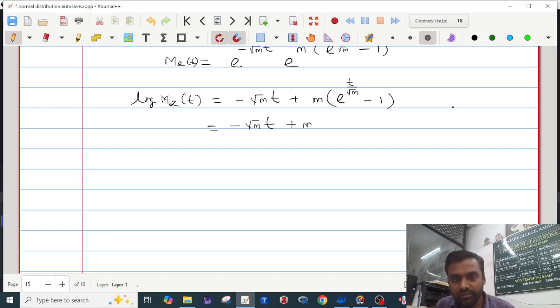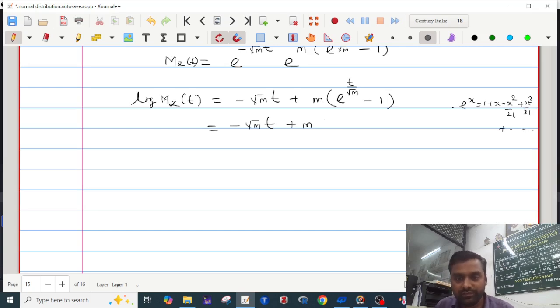Now use the series e raised to x, which is equal to 1 plus x plus x square upon 2 factorial plus x cube upon 3 factorial, and so on.